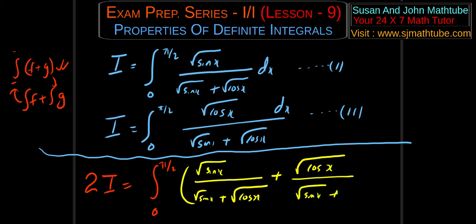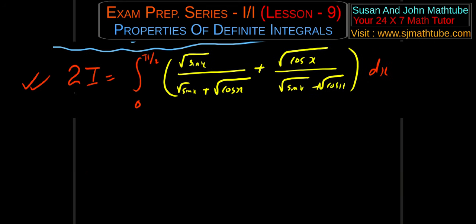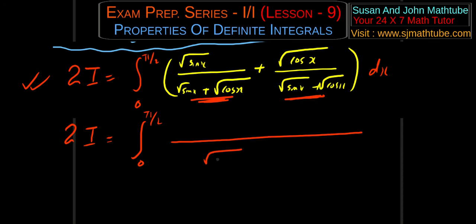Okay, that's it. So this is our 2I. So 2I is equal to integral 0 to pi by 2. You can see that this is common. So when we take LCM or when we take common, you're going to get root sin x plus root cos x.